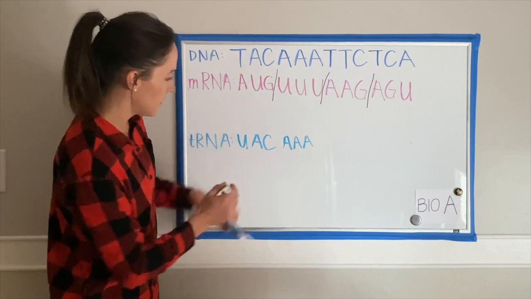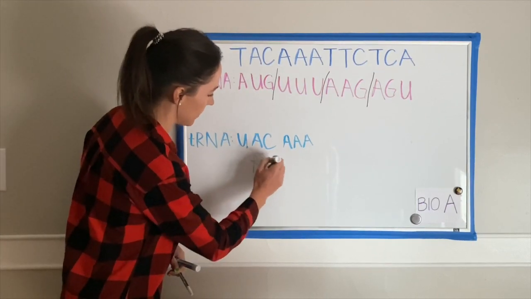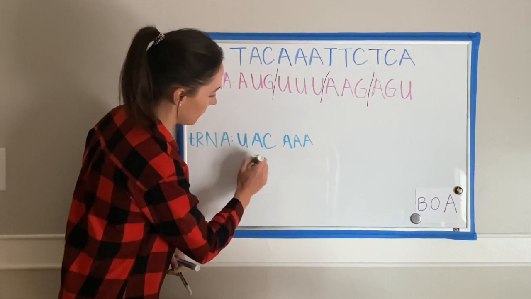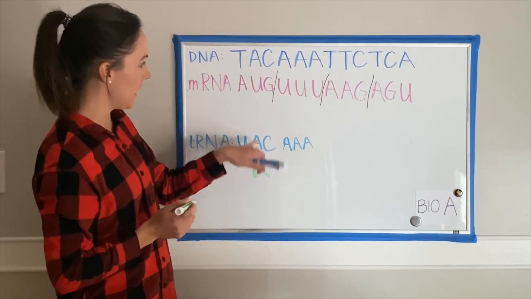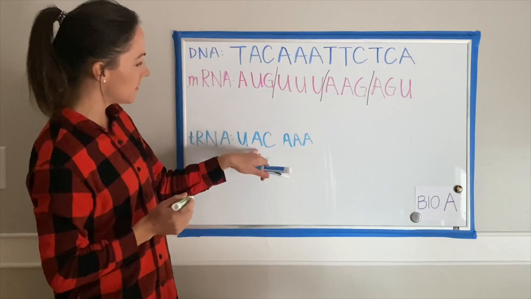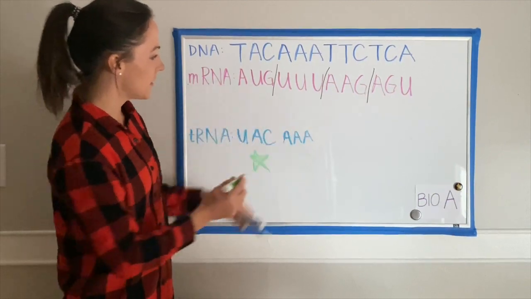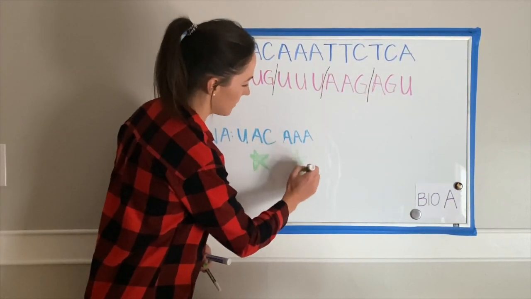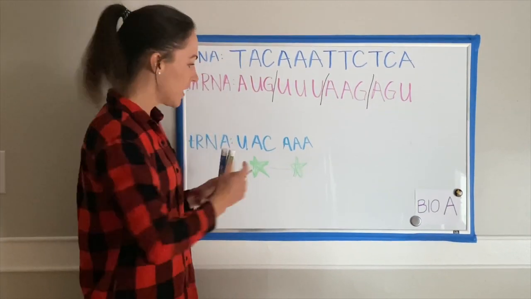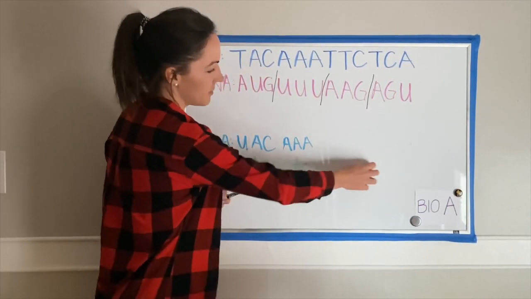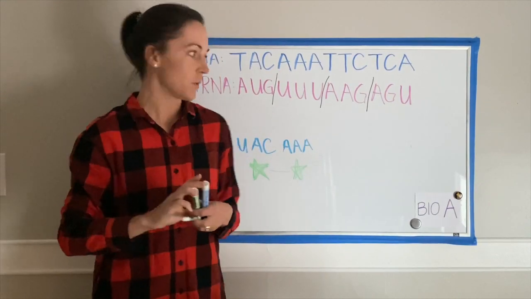So attached to it, I'm just going to put a star here, for a little amino acid. And it's saying, oh, it needs this amino acid. This one is bringing this amino acid. And these bond together, and as I continue, I've got this string of amino acids which makes a protein.